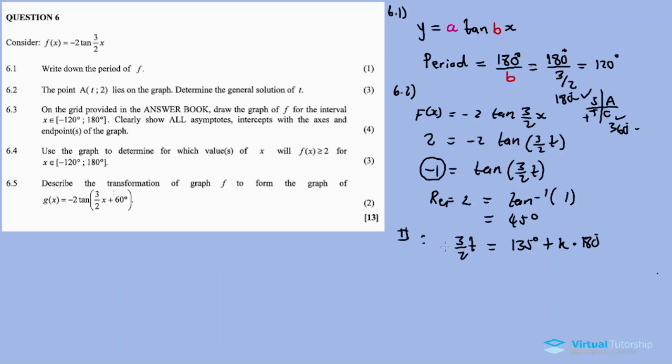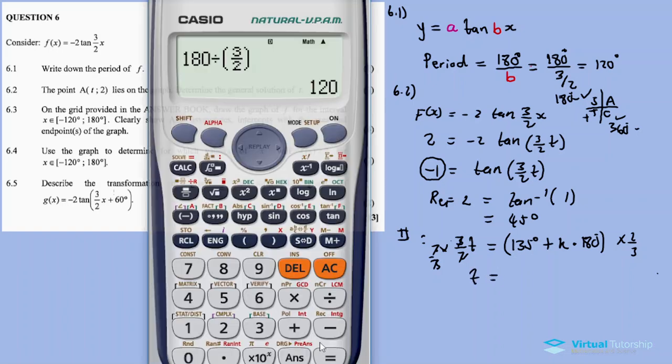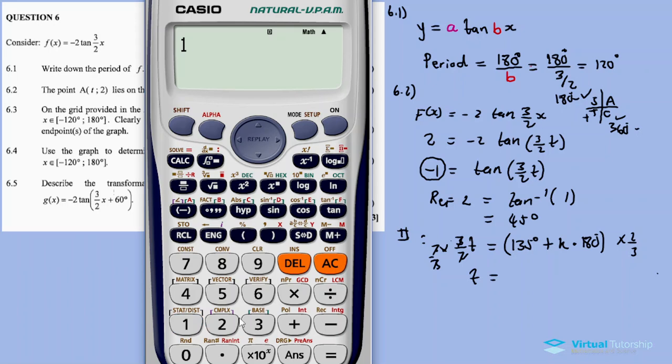We can then multiply both sides of the equation by 2 over 3. 2 cancels 2, 3 cancels 3, leaving t, and then 2 over 3 multiplied here. 135 times 2 over 3 is equal to 90 degrees.